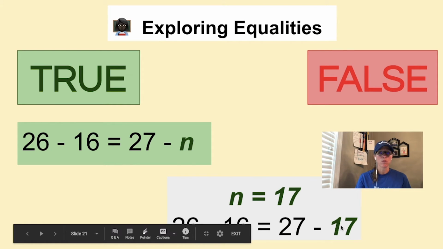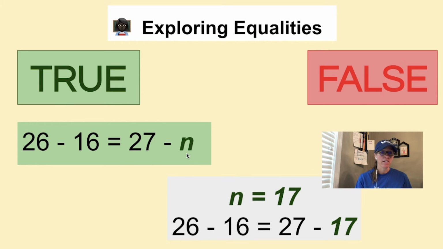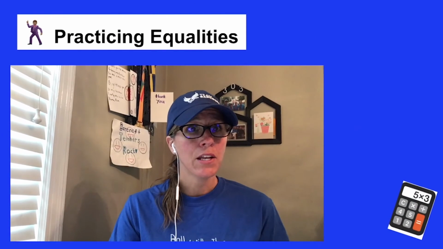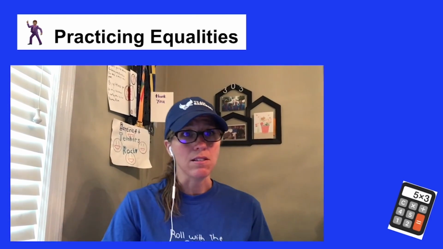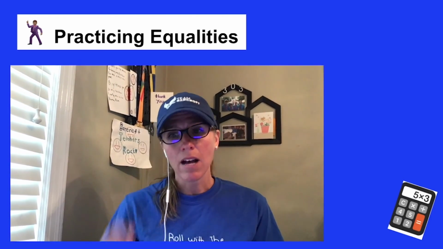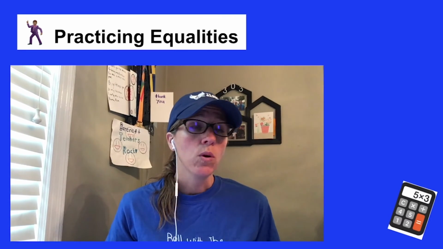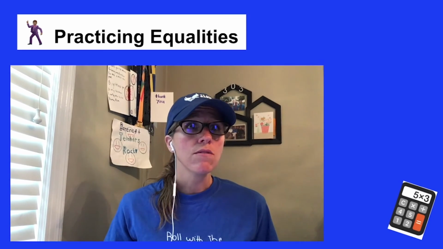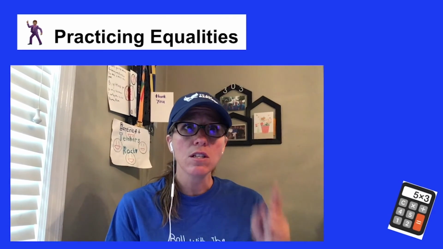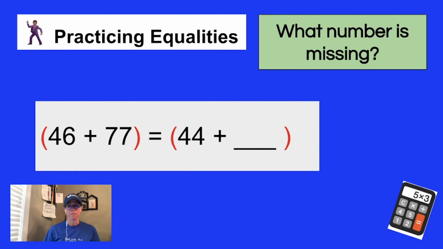So this time we were solving the equality by solving for that variable n. Now we're going to move on, and we're going to have some more practice with equalities. You may notice there is a calculator icon. If you feel more comfortable using a calculator, you may, although most of these problems can be solved just by using some mental math.